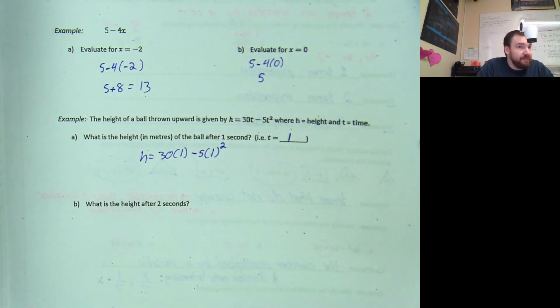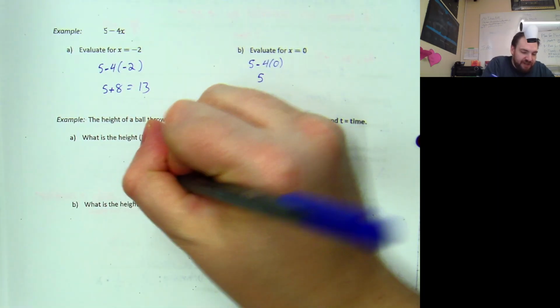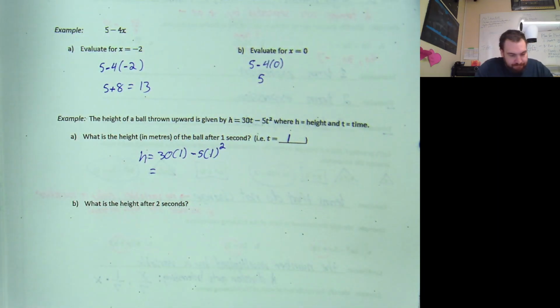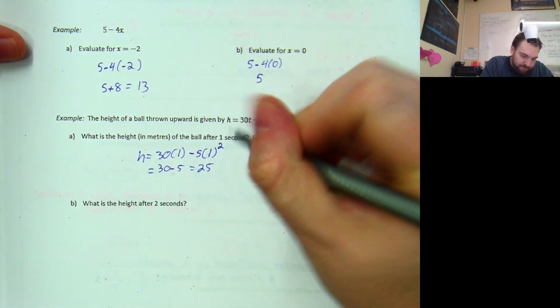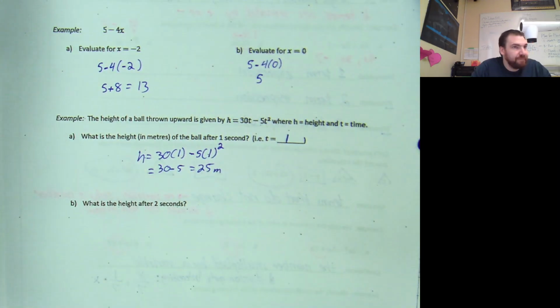Okay, so that's how we're going to write it. I want you to show me all your work. Carolyn, finish it up. After 1 second, the ball is at 25 meters.